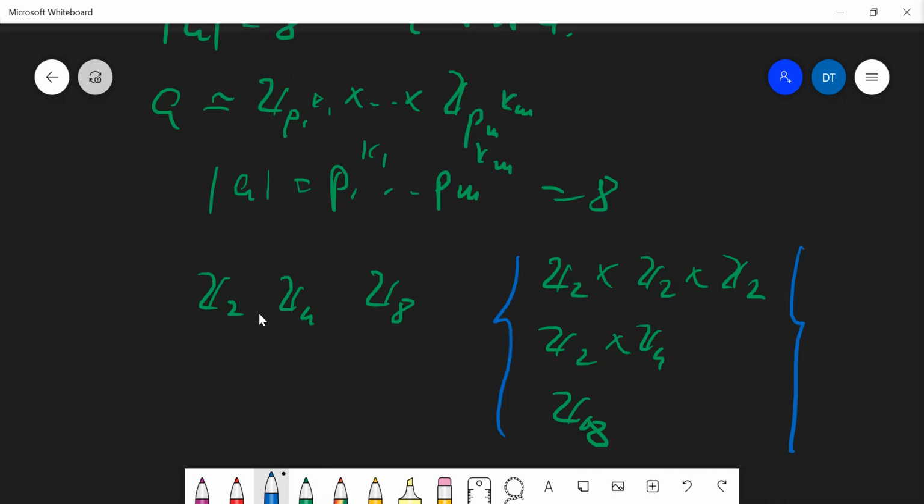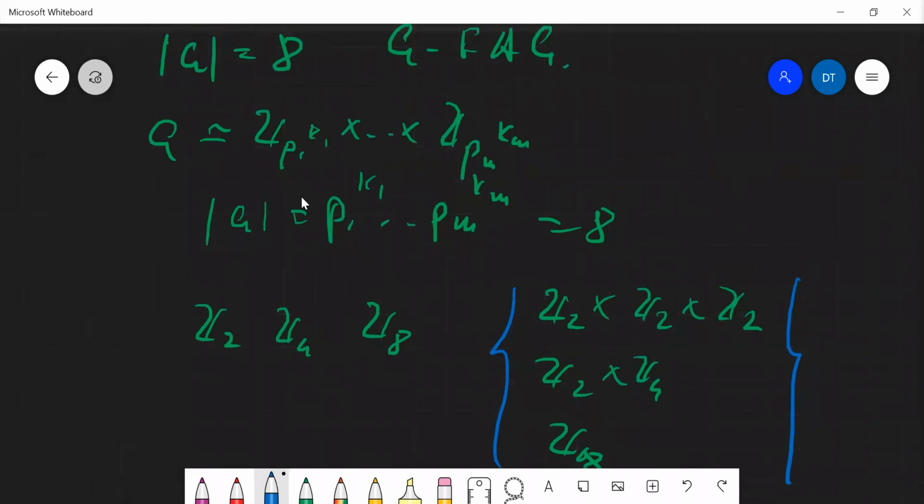Are there any questions regarding this? Why is it all possible combinations? Okay, so you see, if you have a finite abelian group of order 8, it must be represented in this form. But when it's represented in this form, its order must be this number, and this number must be 8. So these primes p_i must be 2.